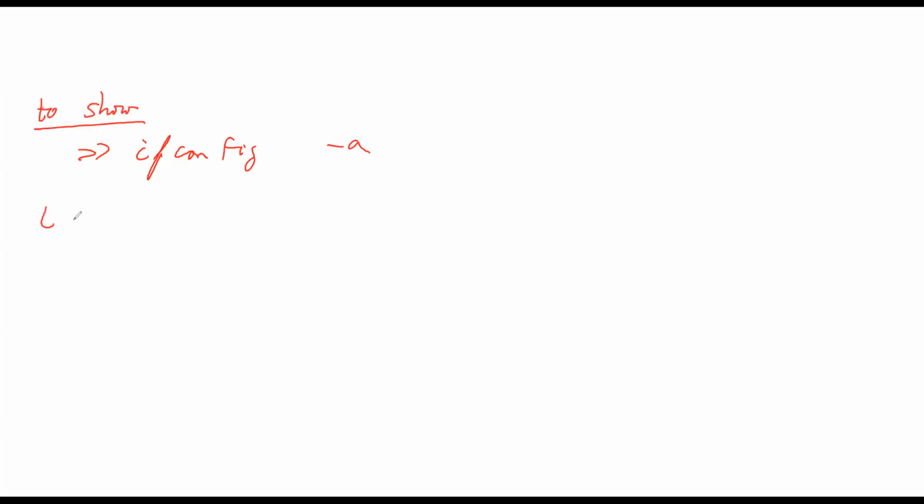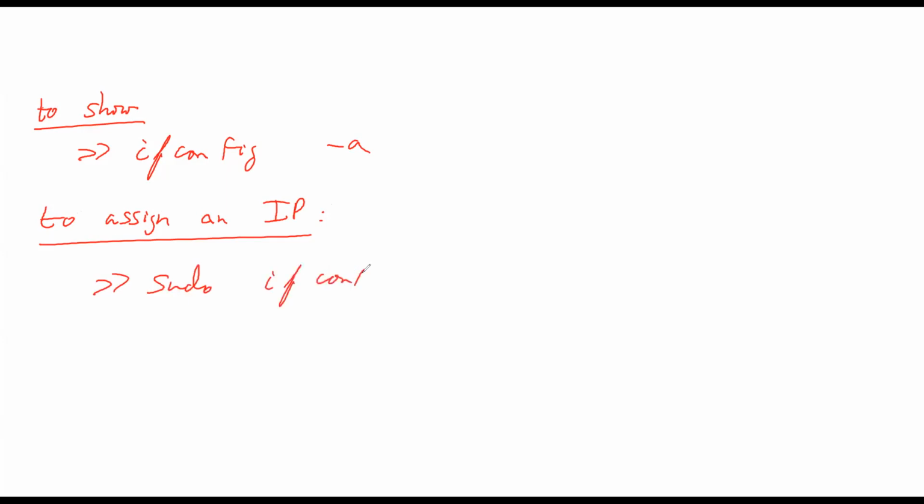Now, if you want to assign an IP, you can do sudo ifconfig tun0, because it's going to be the first, tun0, and then you assign it an IP.